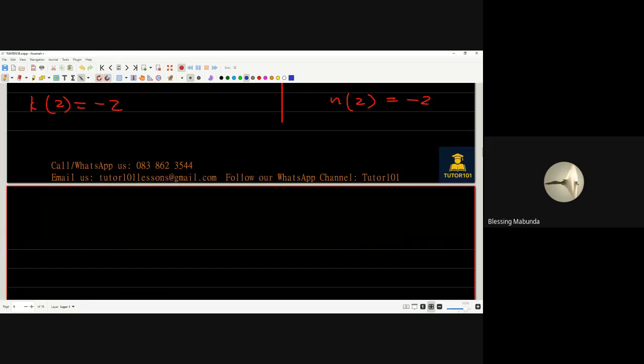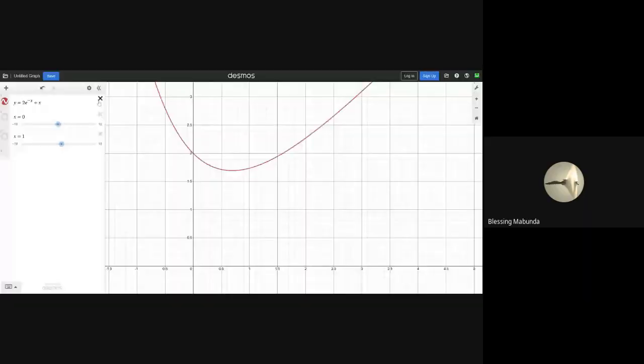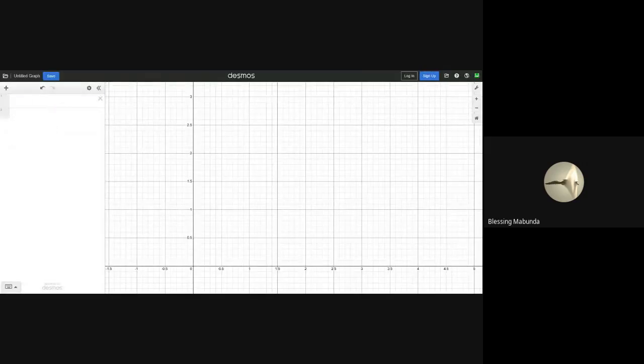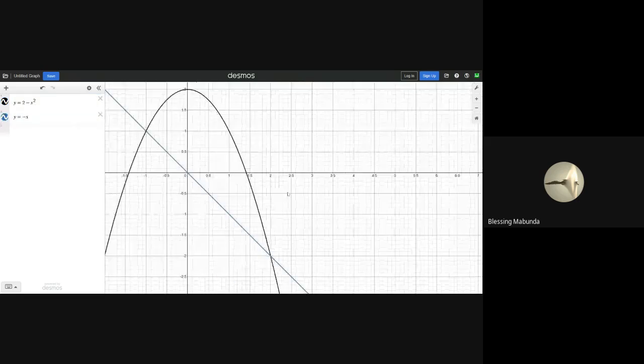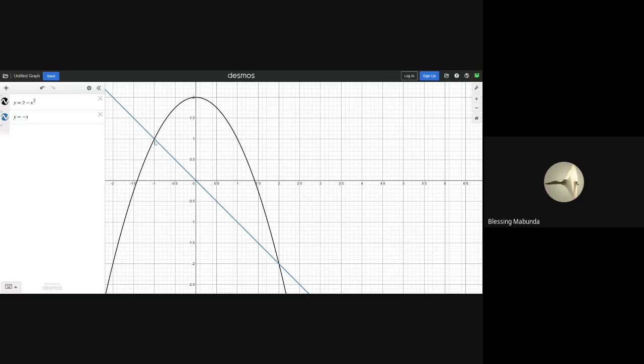All right, so if we were to go to Desmos to look at this, our functions here, we're looking at 2 minus x squared, which is a parabolic function as expected. And the next one, that was minus x. So what we did first was to work out the 2 points where they intersect.